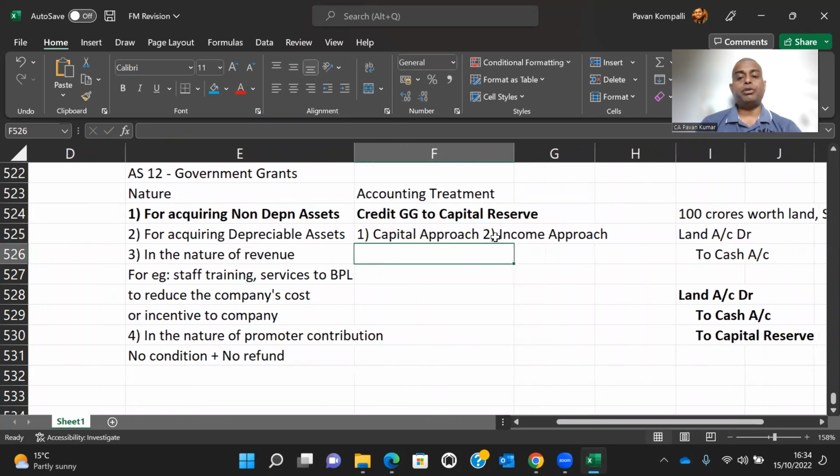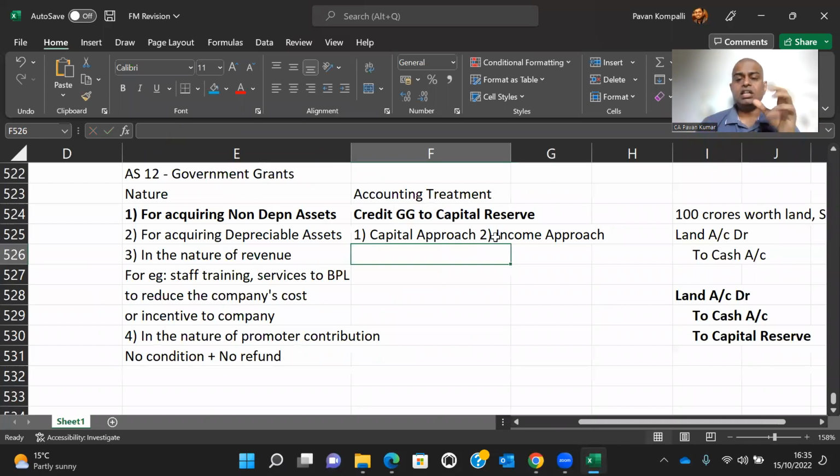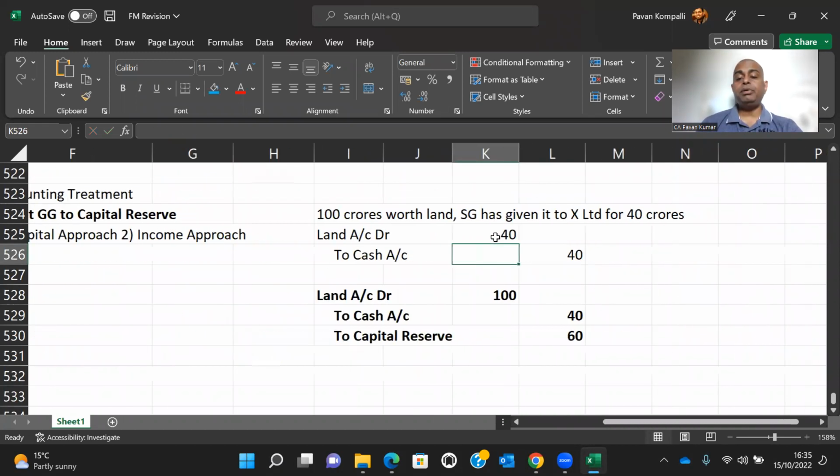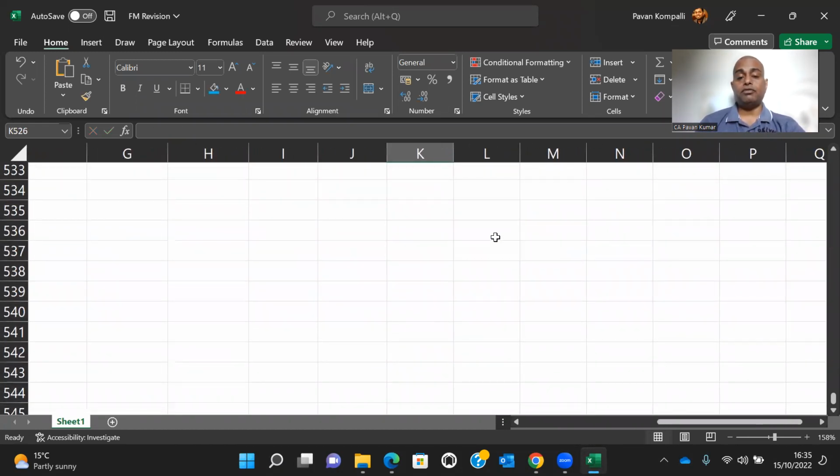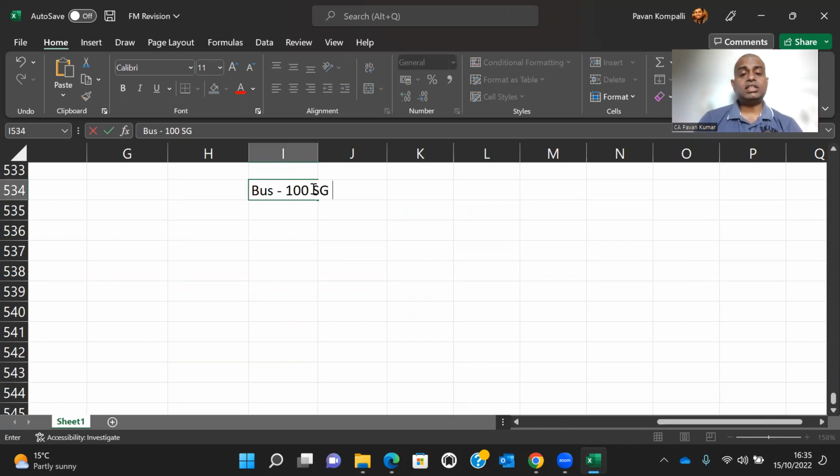So what is capital approach? Say, for example, a bus. Value of bus is 100 rupees. State government has given 75 rupees to you.